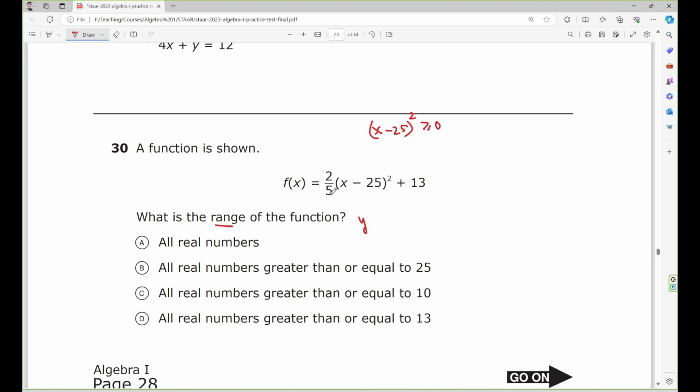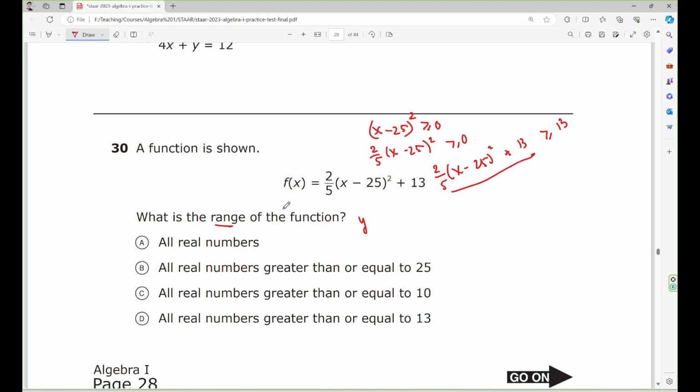Now I multiply both sides by 2/5. So 2/5 times (x minus 25) squared is always greater than or equal to 0. Now I need to add 13 to both sides. So I have 2/5 times (x minus 25) squared plus 13 is greater than or equal to 13.